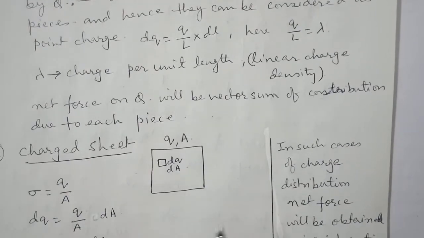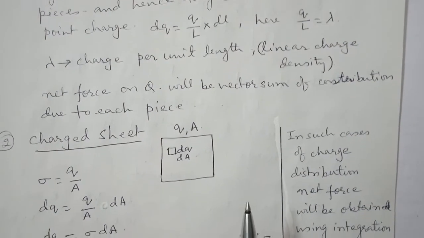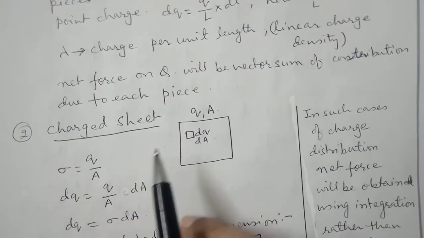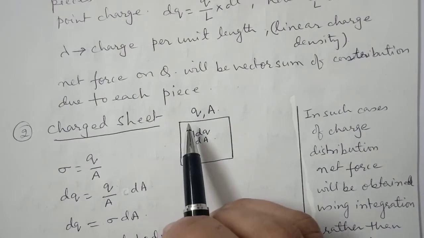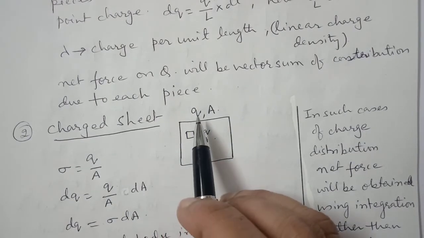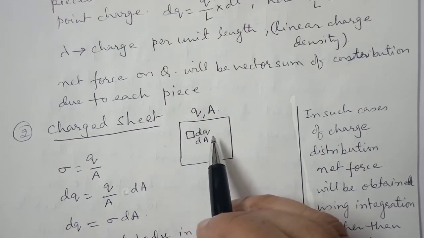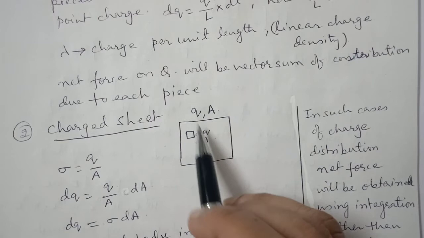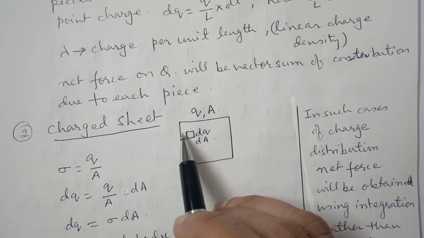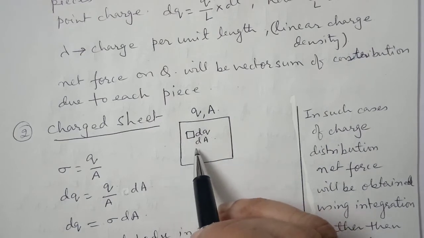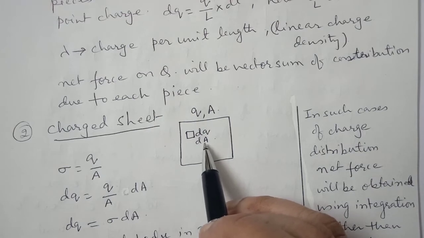Similarly, let's go to the next case, when the charge is distributed over a sheet. This is a conducting sheet, again carrying charge Q, which will distribute over the whole sheet. If I consider a small piece, then it is dq, with small area dA.